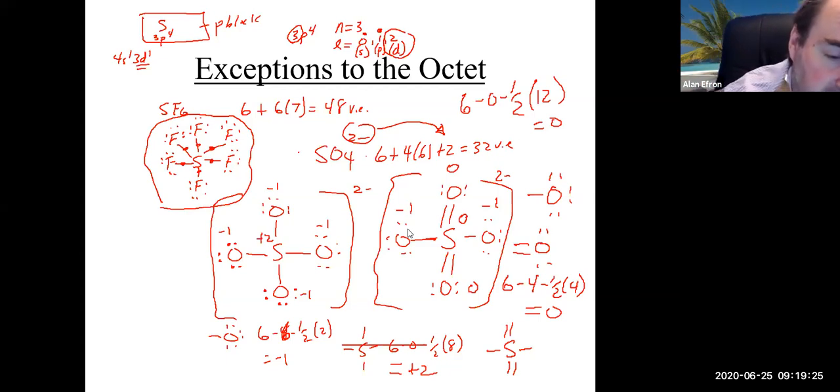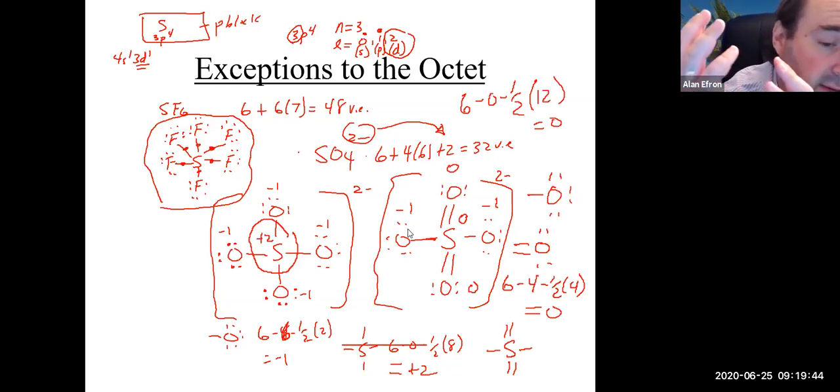If we go over to the one on the left, it is not as good of a Lewis structure because, first off, we have a pretty big positive formal charge on that center atom of +2. If you remember, things with +2 or +3 are not as good as things with lower formal charges. And obviously, that's a major difference.